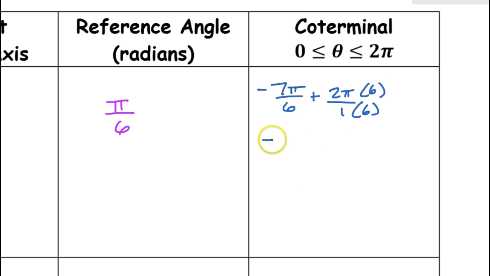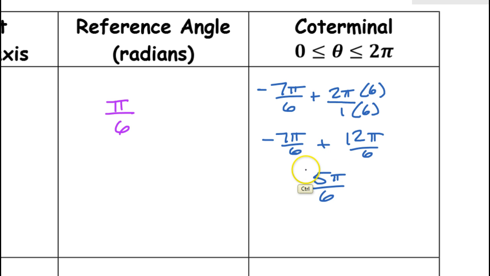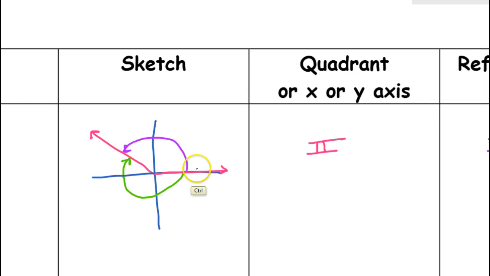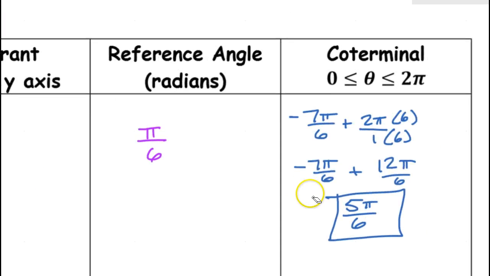So I will have negative 7 pi over 6 plus 12 pi over 6. And that's going to be 5 pi over 6. So that is the name of this purple angle that I temporarily drew. Okay, so that's it for problem number 1.